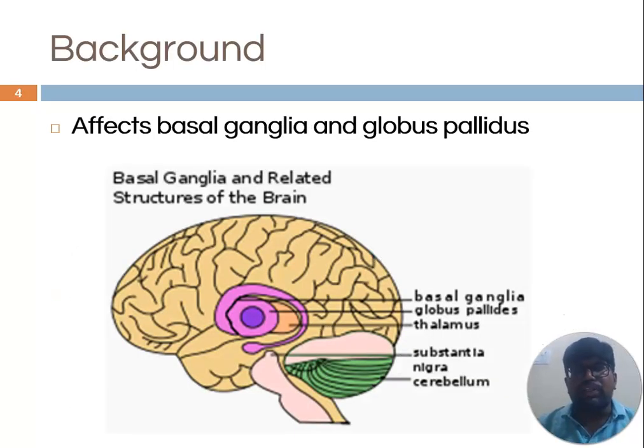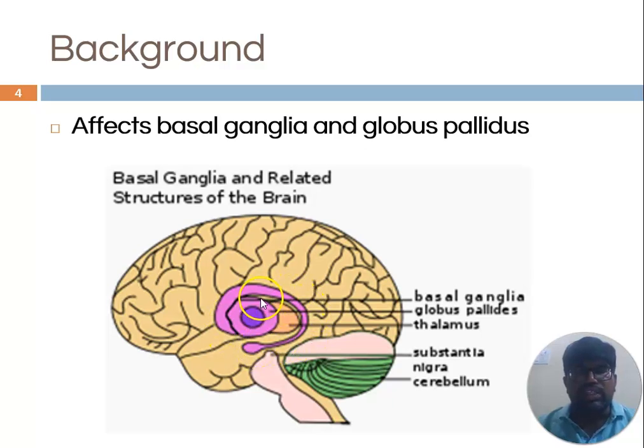This is a small picture I mentioned to highlight where exactly the problem starts and what are the key issues we see in Parkinson's disease. The first important point to keep in mind is the basal ganglia. You can see in the picture, this is the basal ganglia and this is the caudate nucleus.